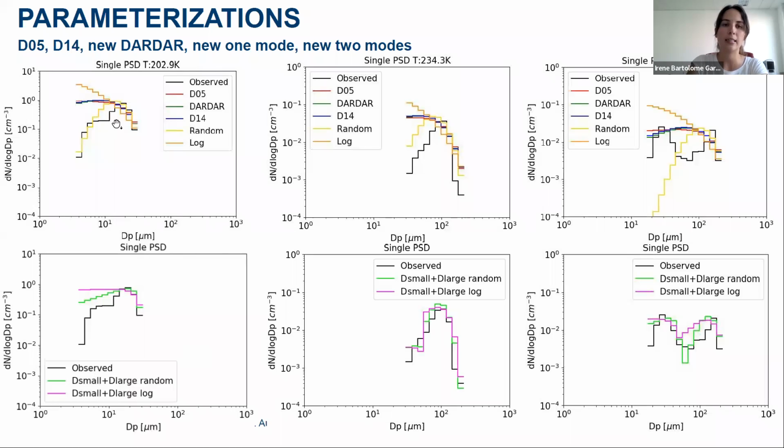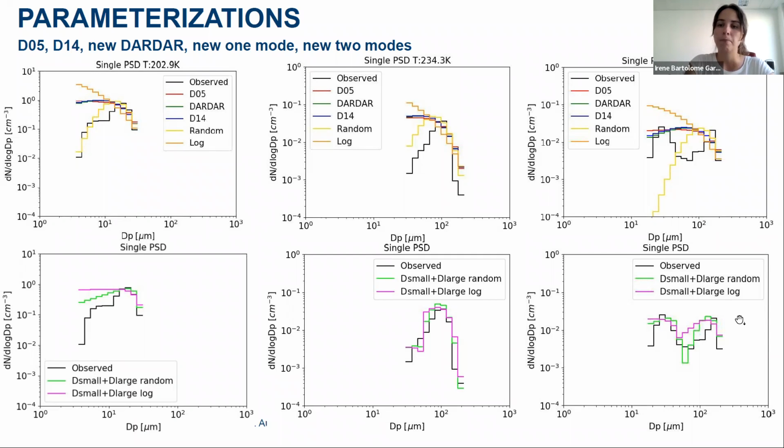What we see is that the one-mode parametrizations, at least the ones from the literature, have difficulties in capturing the decrease of the concentration here. The new ones have a very different behavior, and the ones that seem for now to fit quite well are the ones with two modes.